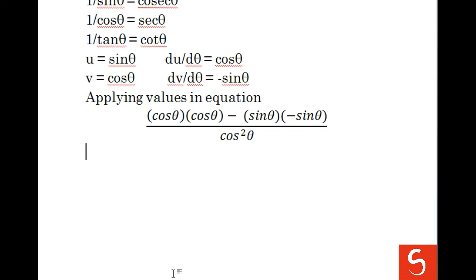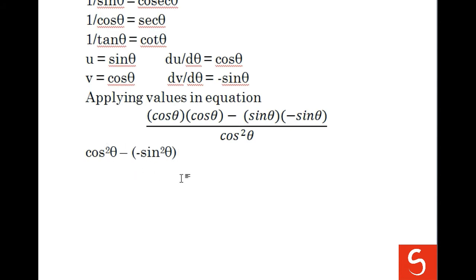Cos theta multiplied by cos theta is cos squared theta, and minus sine theta multiplied by minus sine theta gives minus sine squared theta. We need to be careful here.